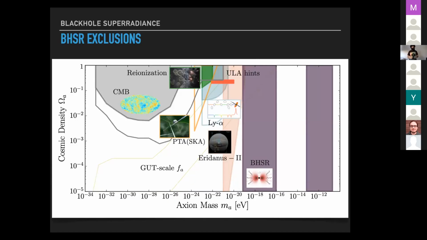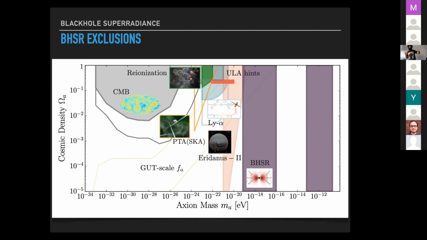Just to put black hole superradiance in some kind of context, here I have presented a log scale of ALP masses. This cartoon essentially shows what various experiments and bounds there are, or there can be, on different very light and ultralight ALPs.